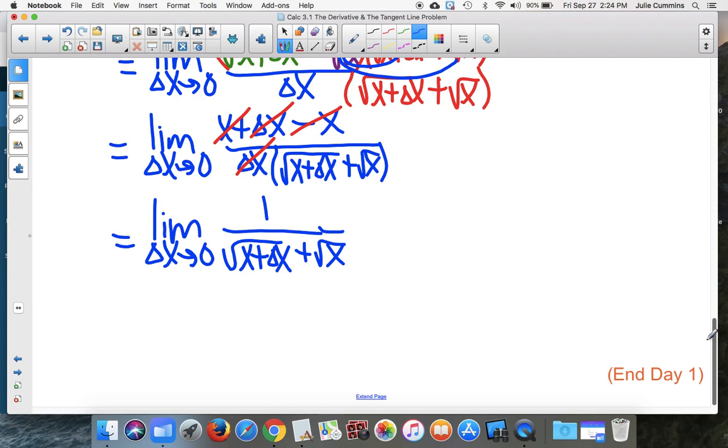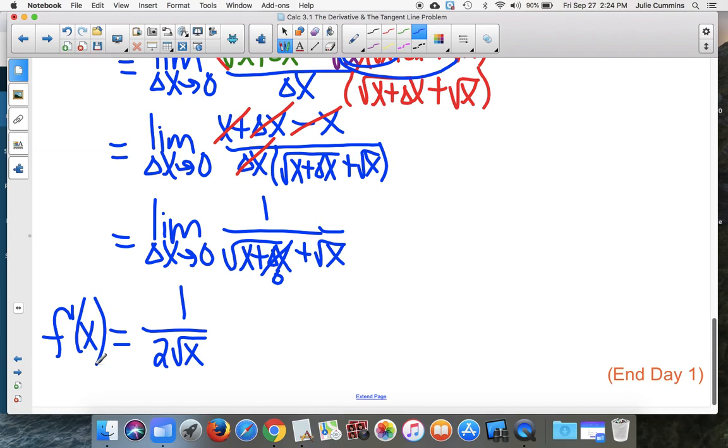Now remember, we're taking the limit as delta x approaches 0, so now we can plug in 0 for delta x. This is 0, and we are left with 1 over root x plus root x, which is going to be 2 root x. So the derivative of our function is 1 over 2 root x.